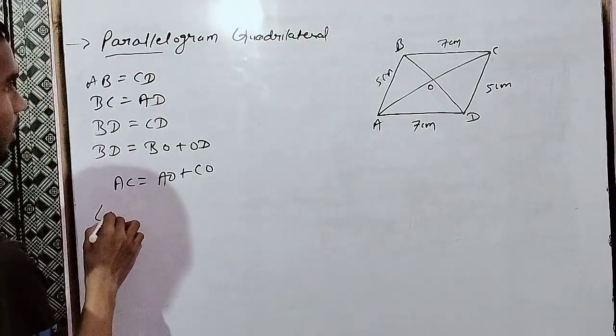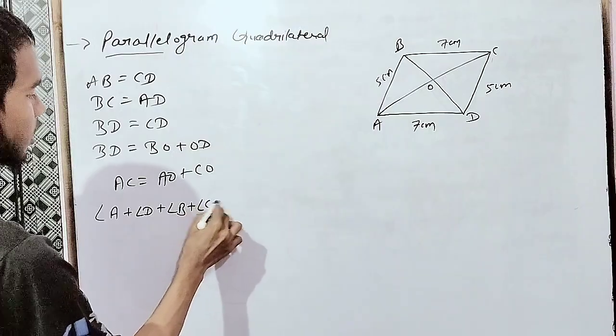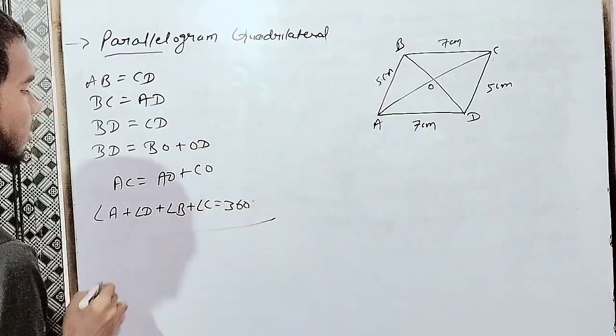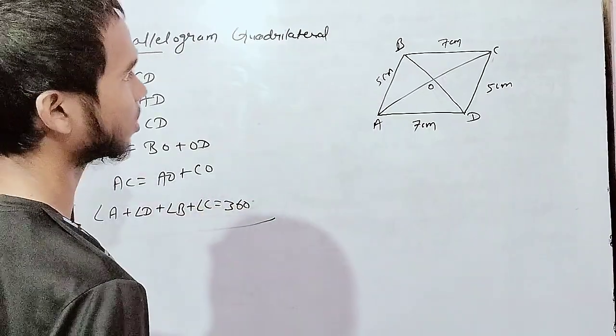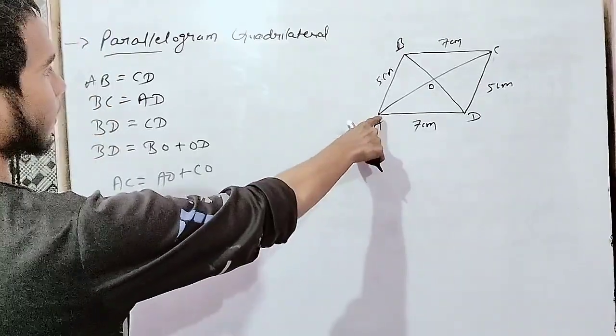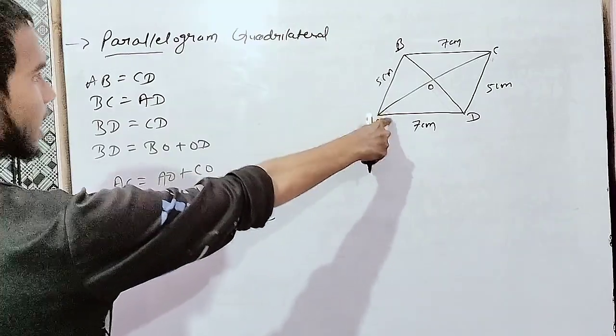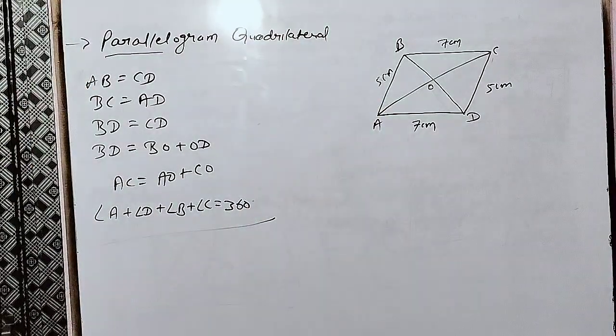We already know that the sum of the angles A through D is 360 degrees. But here we are observing that this angle is not 90 degrees.